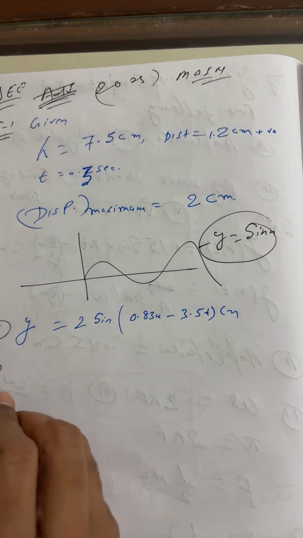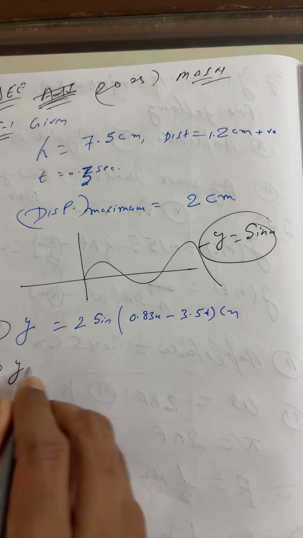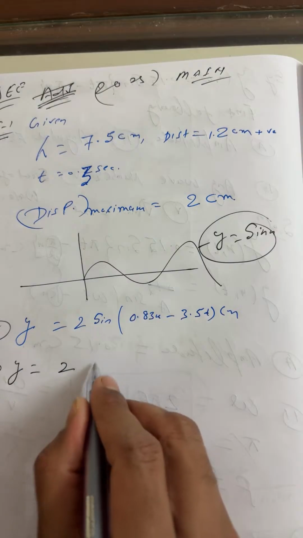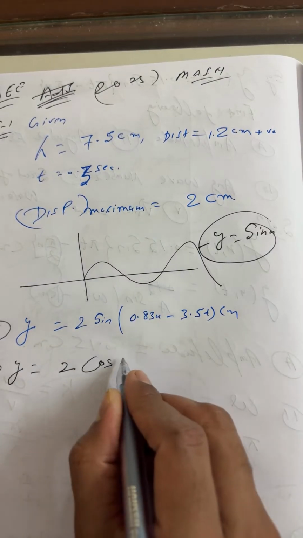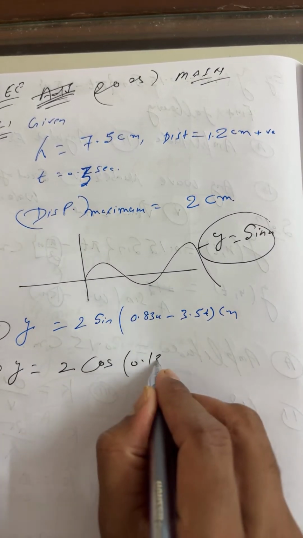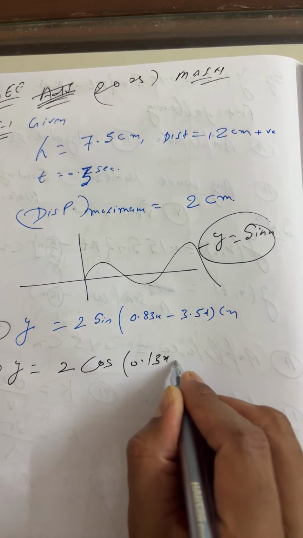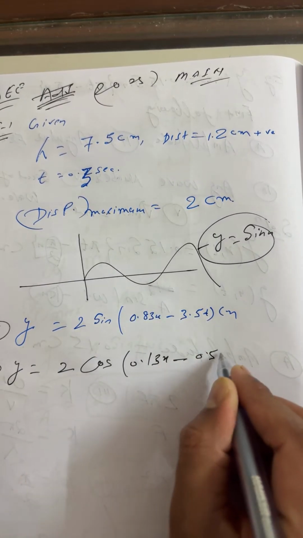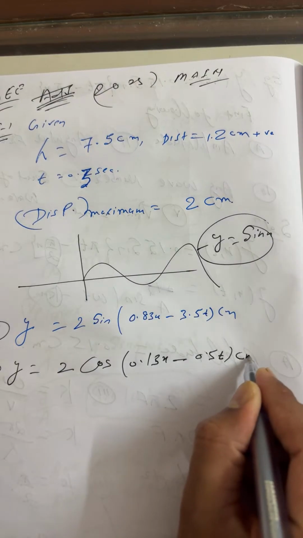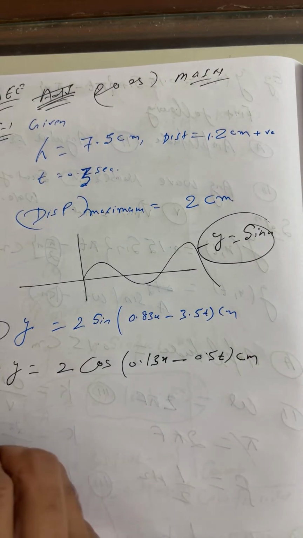Option number second, y equals 2 cos of 0.13x minus 0.5t, again in centimeter only.